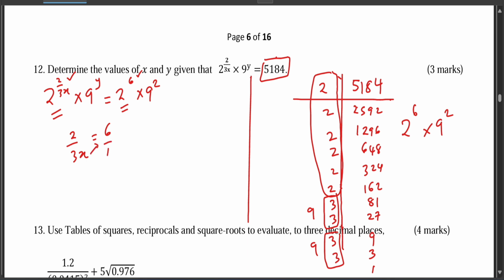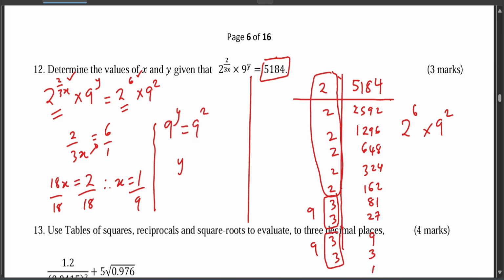So 3x times 6, 18x, is equal to 2 times 1, which is 2. Divide by 18, x is equal to 1 over 9. For y, 9 to the power of y is equal to 9 to the power of 2, so equating the powers, y is equal to 2. So those are your answers.